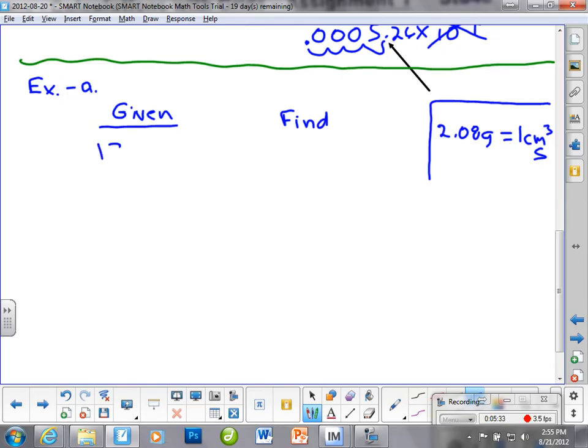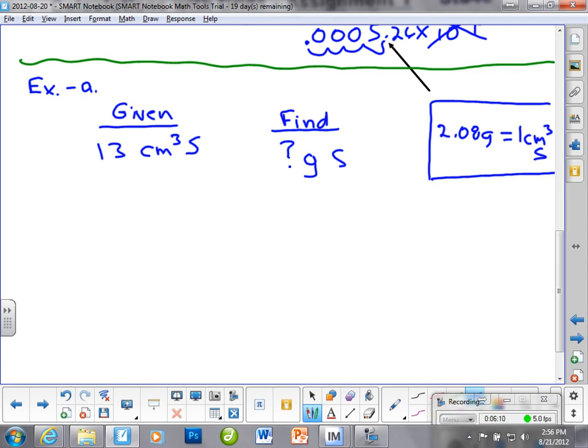Okay, 13 centimeters cubed. And what are we supposed to find? Okay, the mass in grams. So how many grams of sulfur? This is also sulfur. How many grams of sulfur does that represent? Now, from what we did just a few moments ago, how do I start my calculation?